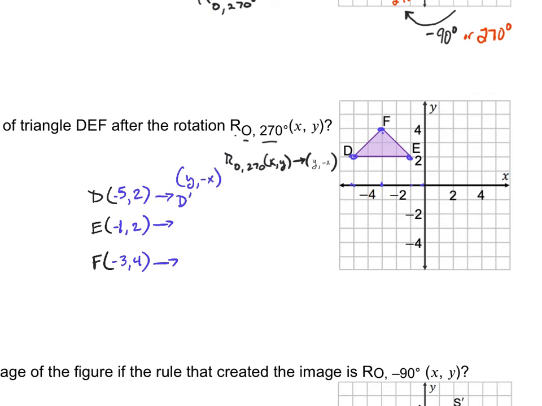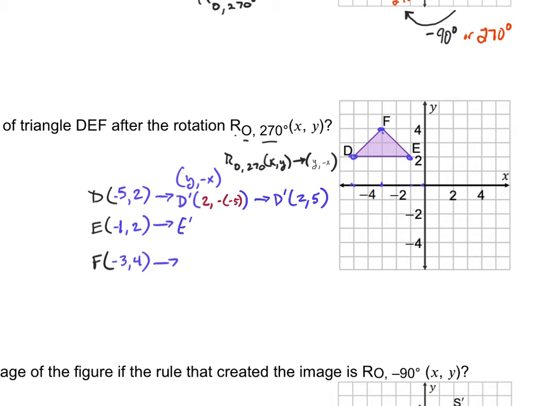So my D prime is going to be, my new x value is going to be my old y value. So that is going to be a 2. And then my new y value is going to be the opposite of x. So we have -5, so it would be 5, which will map to D prime is (2, 5).